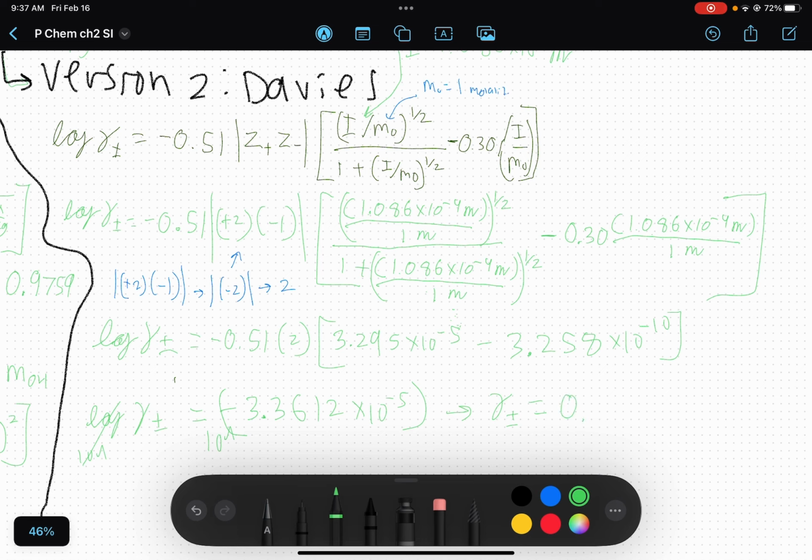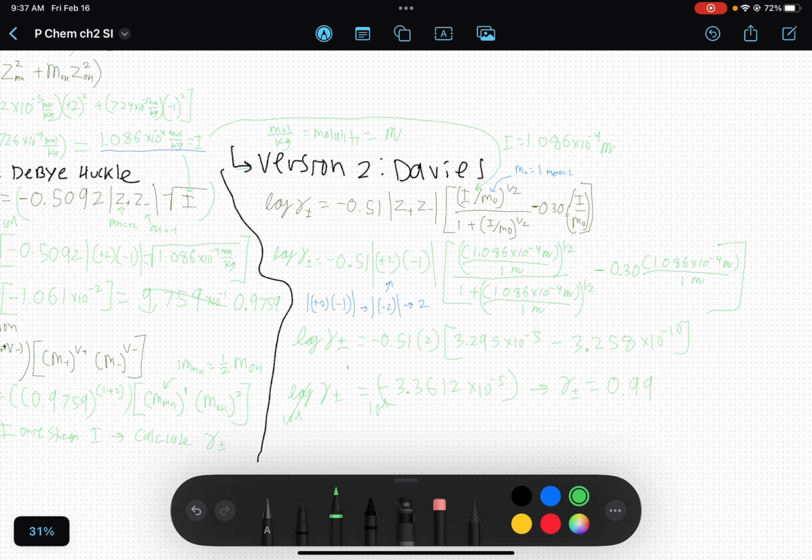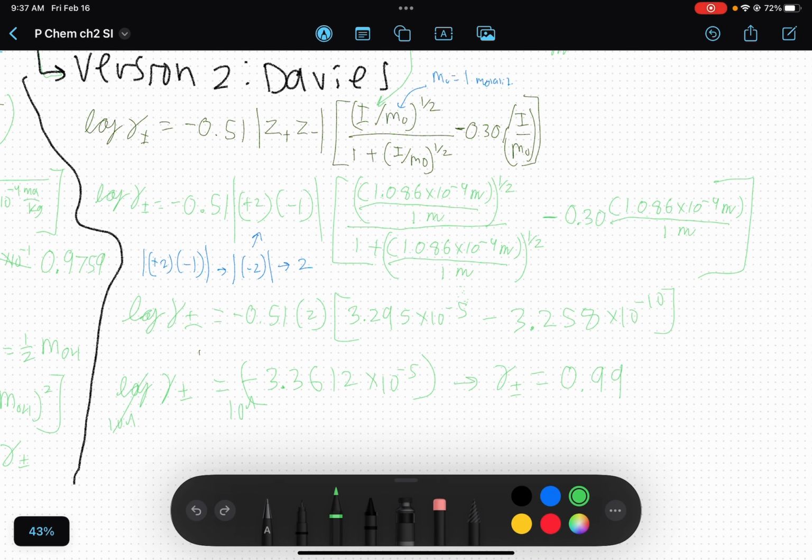I got 0.99. My logic's telling me that should be lower or less, close to 1, but I lost this number while I was recalculating this one. So I can try and recalculate that without moving anything out of my calculator right now.